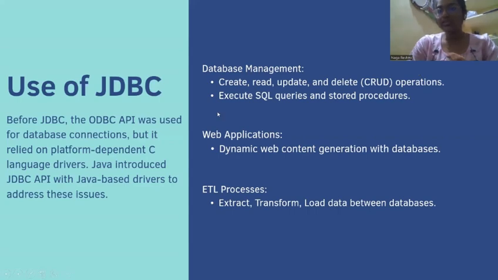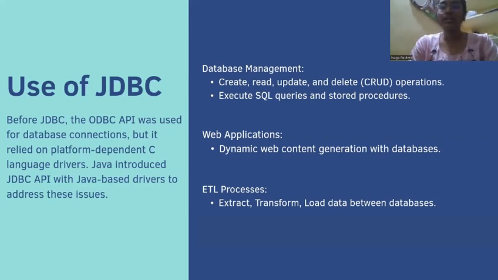The uses of JDBC are mentioned here. It is used for CRUD operations, that is create, read, update, and delete operations. It is used to execute SQL queries and in web applications. In web applications, we will be having lots and lots of data. For example, if you take an e-commerce site, we'll have many users and many products.